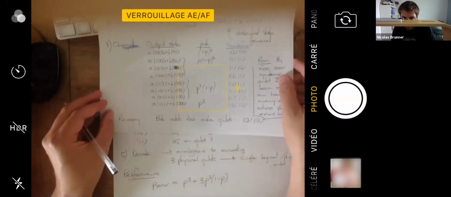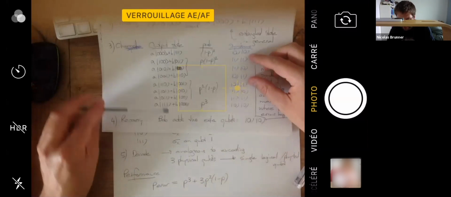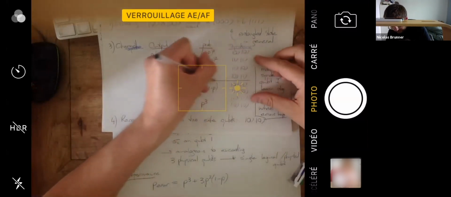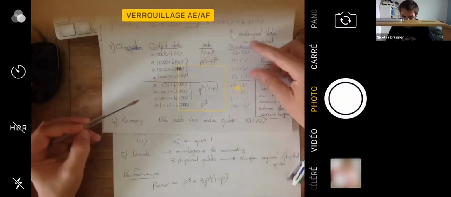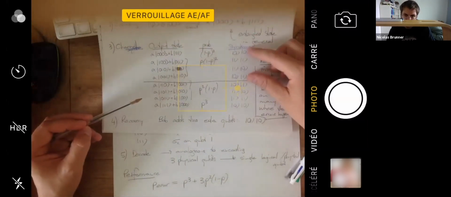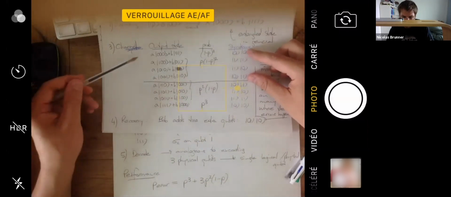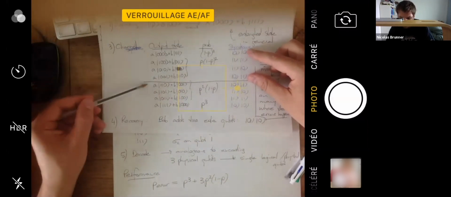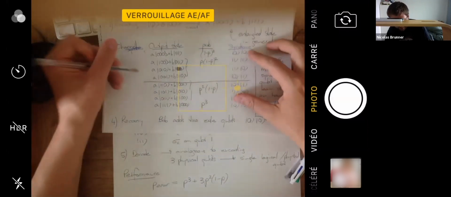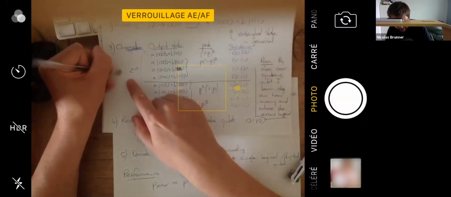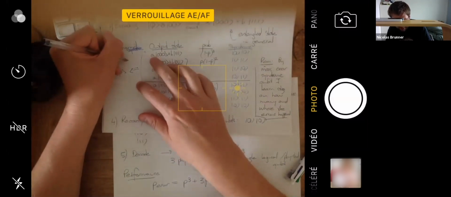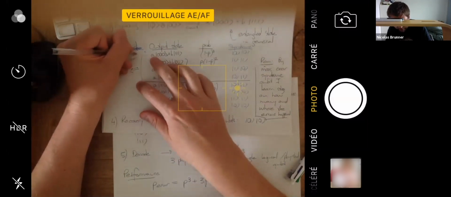Okay, so if you go back to this table, remember, in a sense, if I draw a line here, I separate the good cases. You see, these are the good cases because in here I will correct the error. So here I will get phi in the end, because I correct the error.